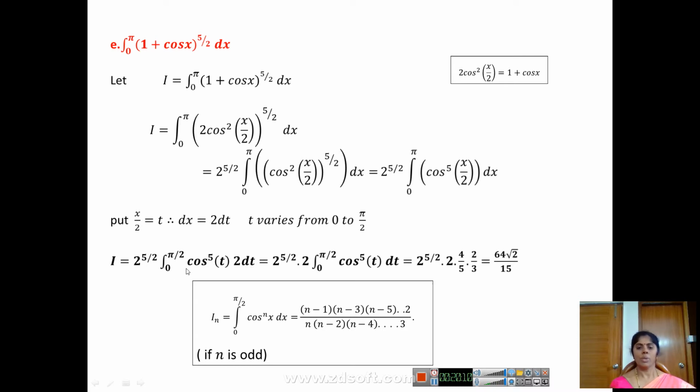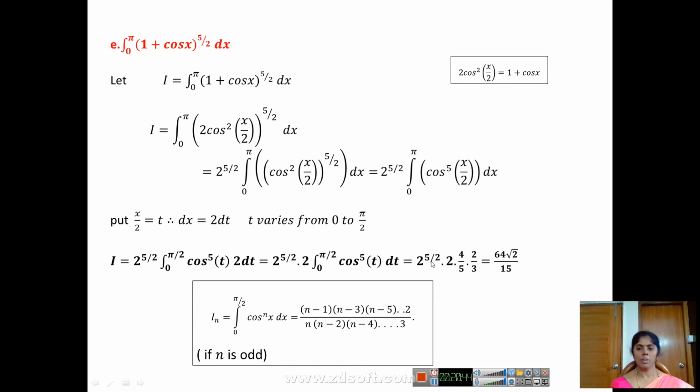So here we have the formula for the integral 0 to pi by 2 of cos to the power n of x dx. When n is odd, at the end we multiply by 1. The formula runs like this way. And here 2 to the power 5 by 2 plus 2 we can write, and the remaining we can apply the formula. After simplification, we get the answer as 64 root 2 divided by 15.